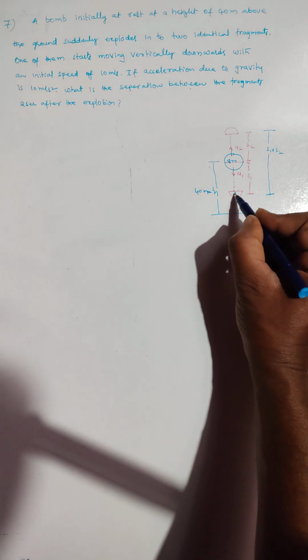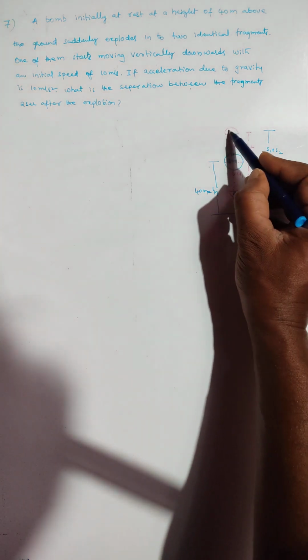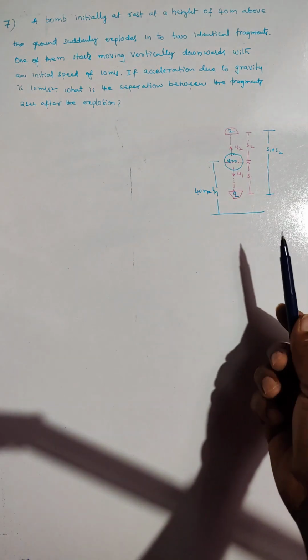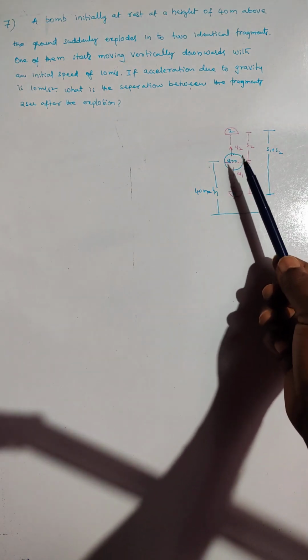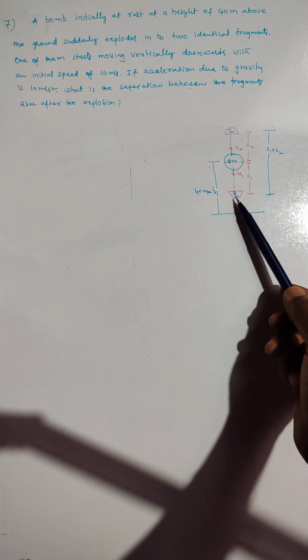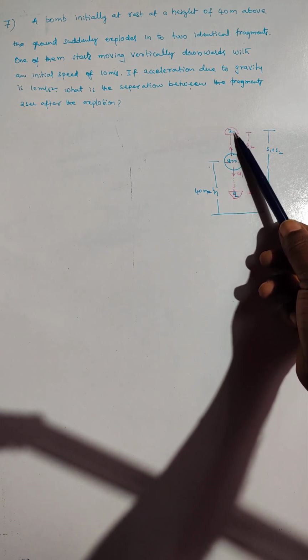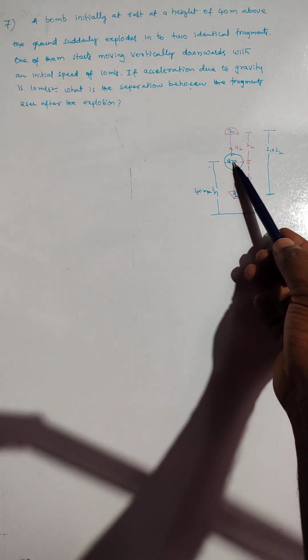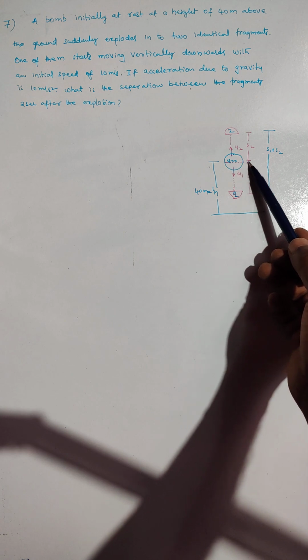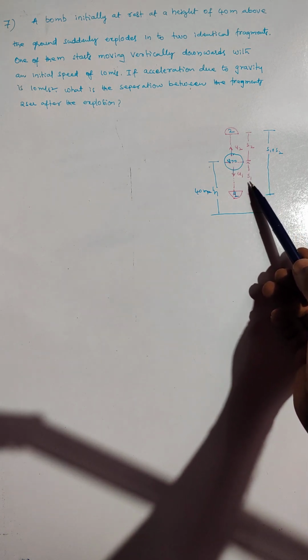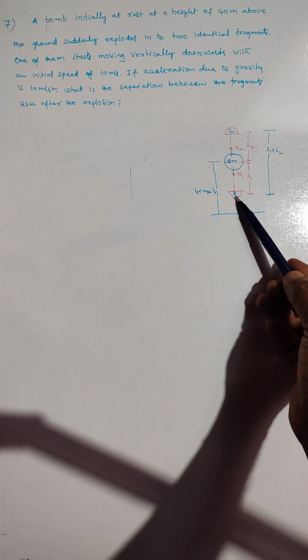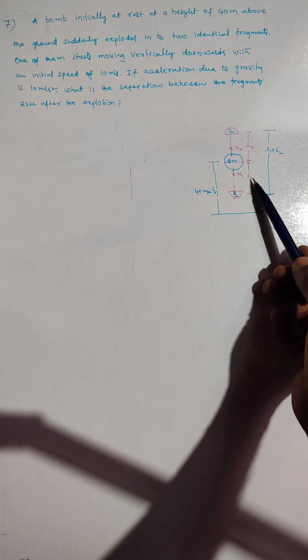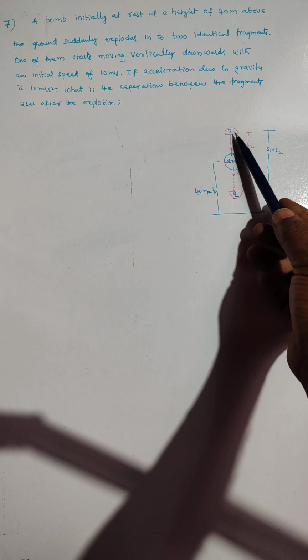This is fragment 1 and this is our fragment 2. So what is the distance between fragment 1 and fragment 2 after the explosion? This is the initial position. From here, we calculate the displacement for fragment 1 and the displacement for fragment 2.